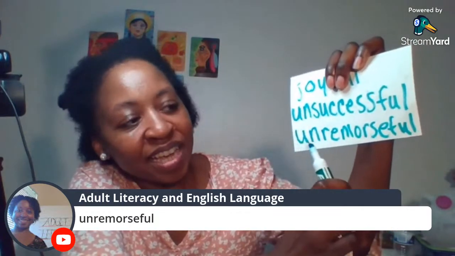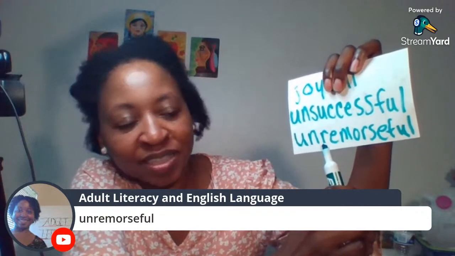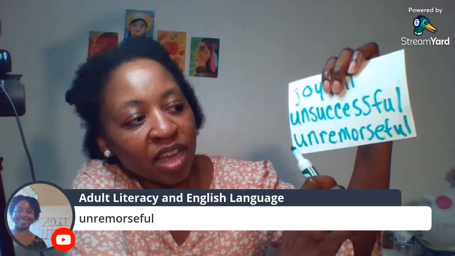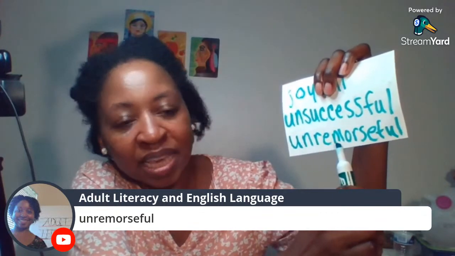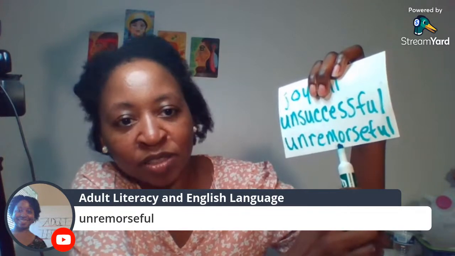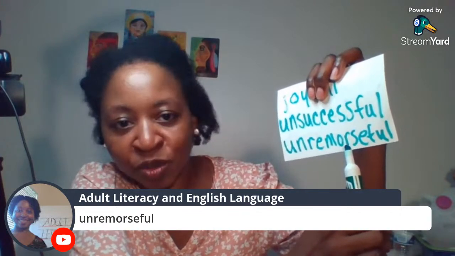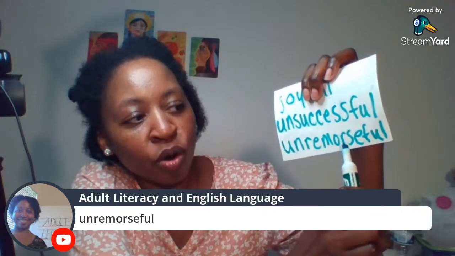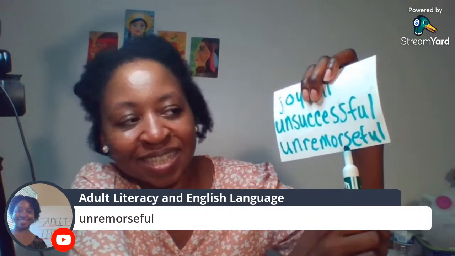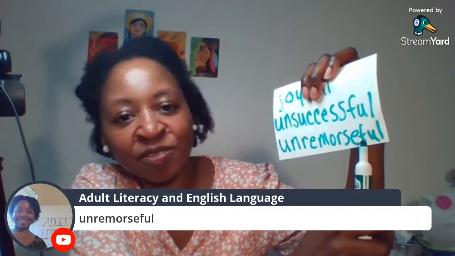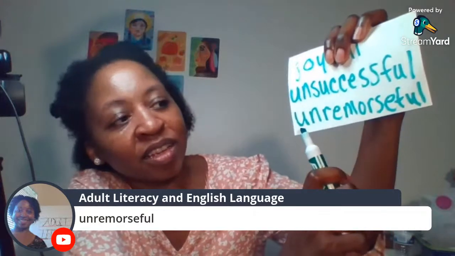One of our prefixes again, un. R has the rus sound. And the E has the E sound. Un, re. M has the sound. O has the O sound. R has the rus sound. Un, re, more. S has a S sound. The E is silent. And the suffix full, F-U-L.